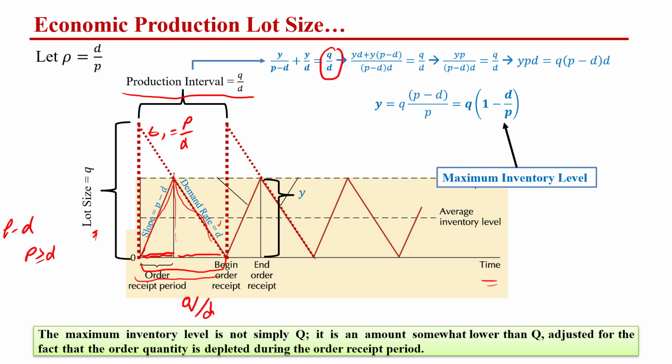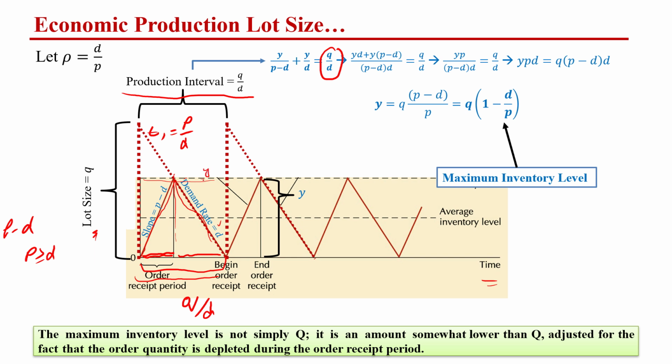Now the question is how we can find the maximum inventory of that particular SKU. Let's assume that the maximum inventory level is equal to y.